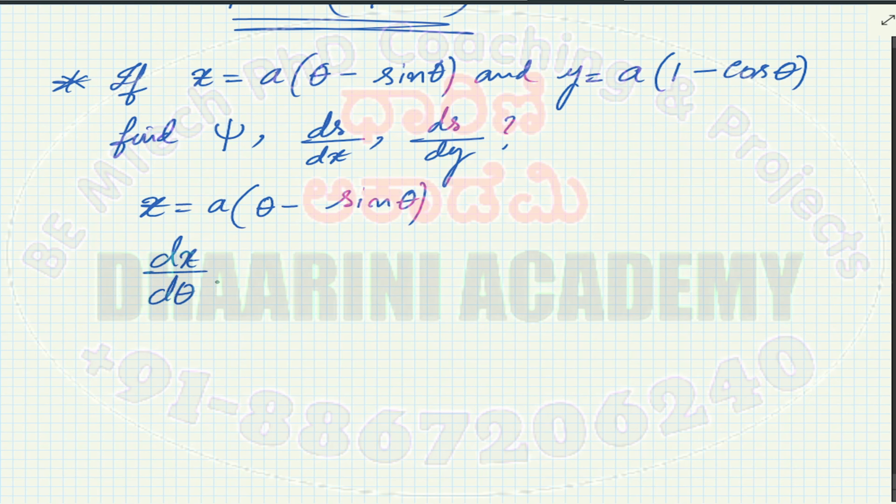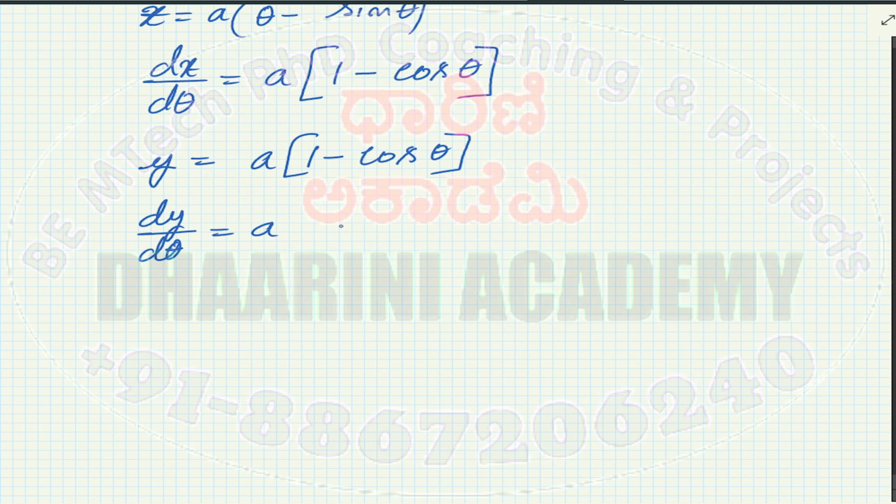Okay, we got dx by d theta. Similarly, let's start with the given data of y. Y is equal to a into (1 minus cos theta). So dy by d theta is, differentiating with respect to theta, a is a constant, so into, differentiation of 1 is 0, minus cos theta, differentiation is plus sine theta.